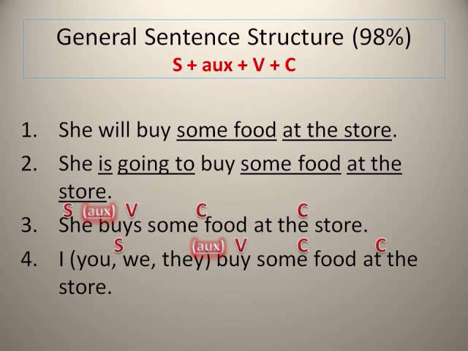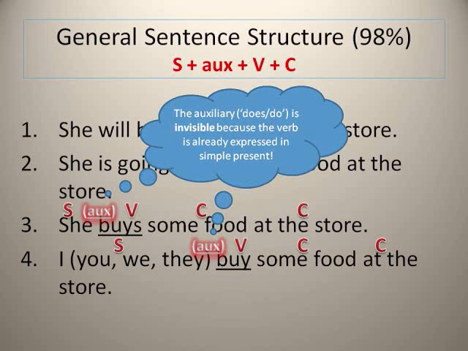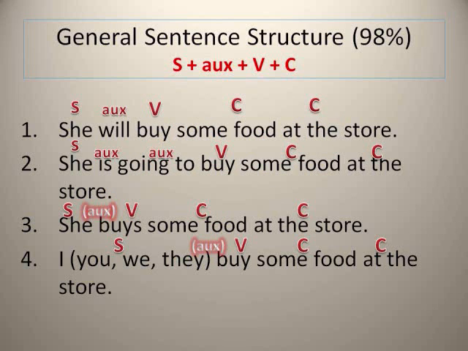Again, the auxiliary do or does is invisible because the verb is already expressed in the simple present: she buys and I buy some food. So it's not necessary to repeat the auxiliary. Here are the four examples, with the dissected parts and the separated points.